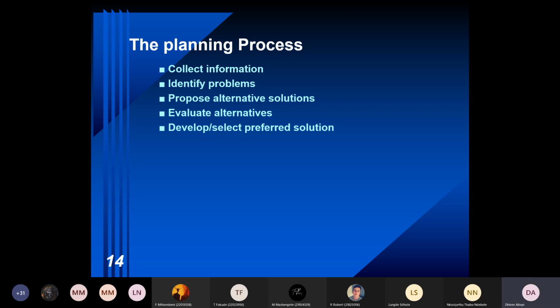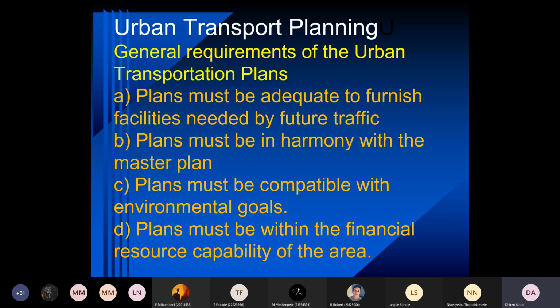So it is important that one can achieve maximum capacity, but bear in mind that this is dictated by your prevailing road conditions, by your prevailing traffic conditions. As much as ideally you would want to achieve high capacities.